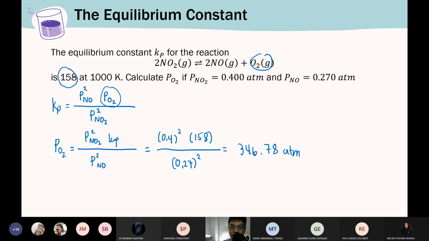Kasi yung Kp natin ay greater than 1. So, you really have more products than the reactants. Hindi man marami yung NO, pero marami namang O2. Okay na yan. Tanggapin na lang natin ang ating kapalaran.